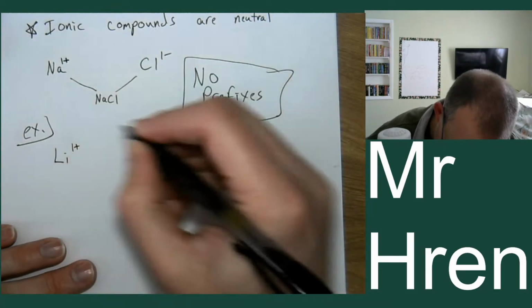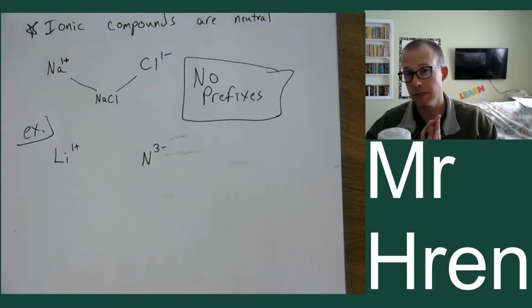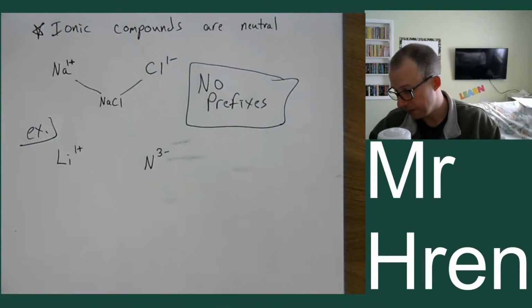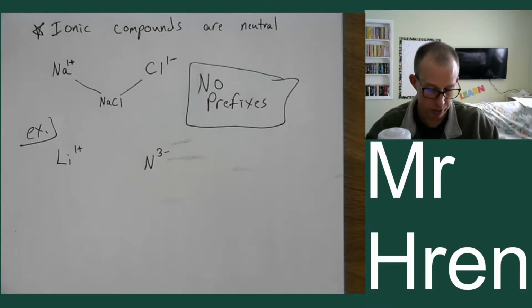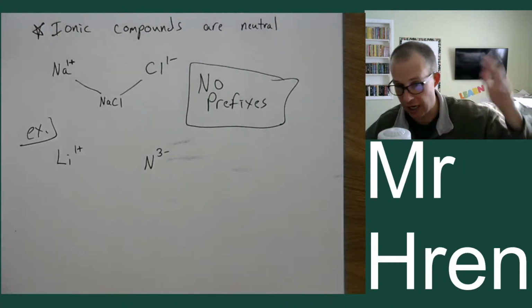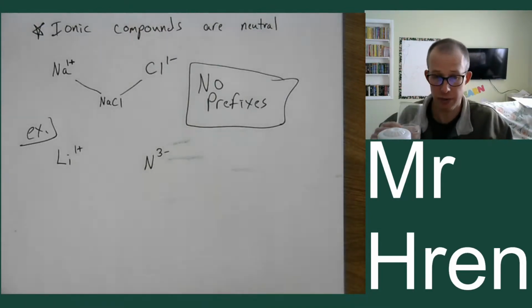So we've got a +1 and a 3-. Now, these things are going to form a compound, but the way they're going to form compounds, it's got to be neutral. And you can assume that you have as many atoms as you need to form a compound. It's not like there's literally just one lithium atom and one nitrogen atom. There's a countless number of atoms bonding together. You just want to make it so that the ratio is correct.